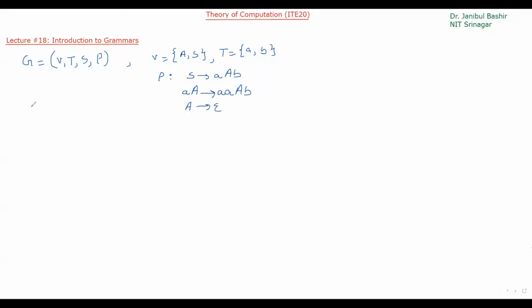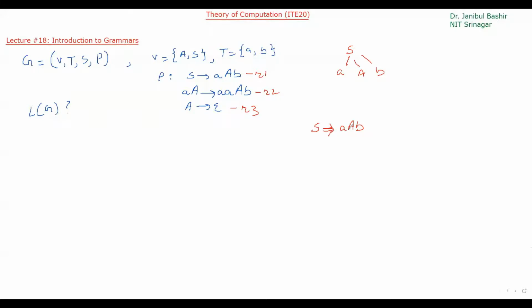Okay. So what is the language generated by this grammar? Let's see. Let's start from S symbol. So let's say I am using rule 1. This is rule 1, this is rule 2, and this is rule 3. So using rule 1, I can derive aAb. So that means from S, I can write aAb. Now, when we are deriving, we can either use a derivation tree or we can use this format.